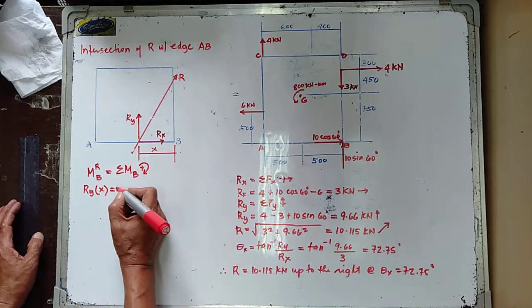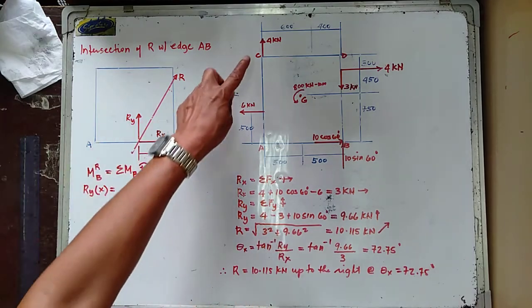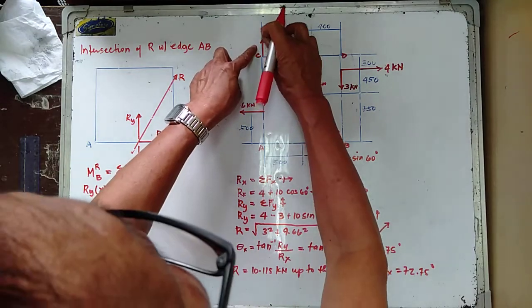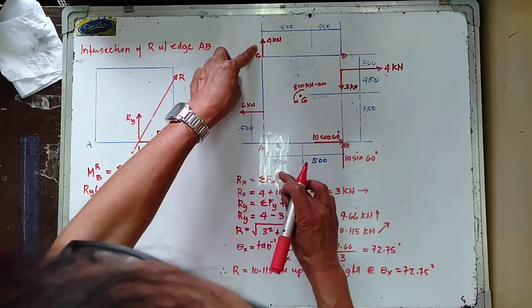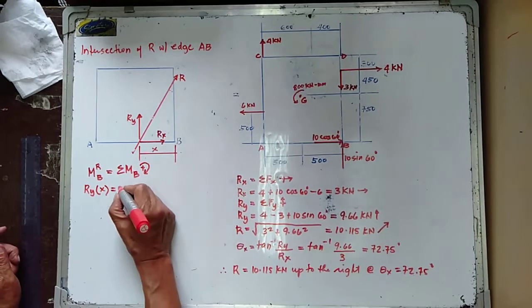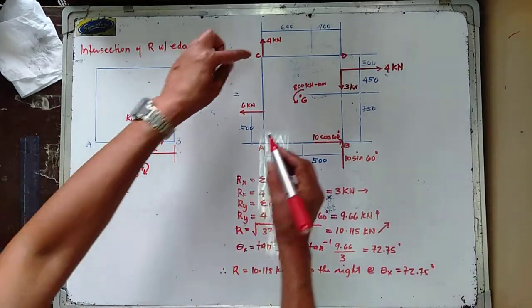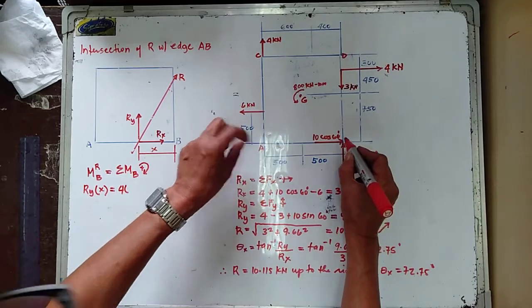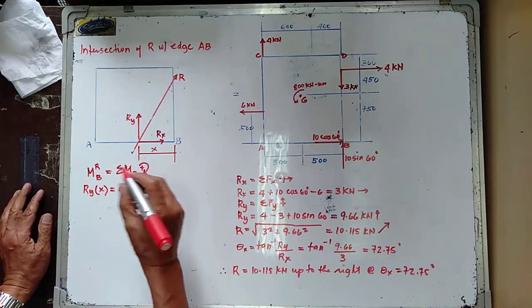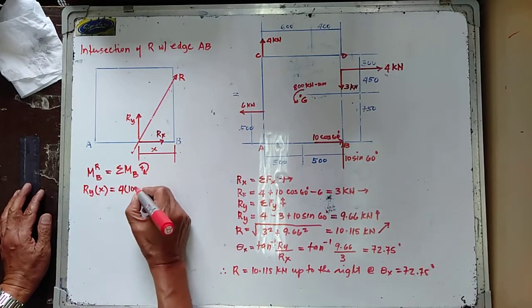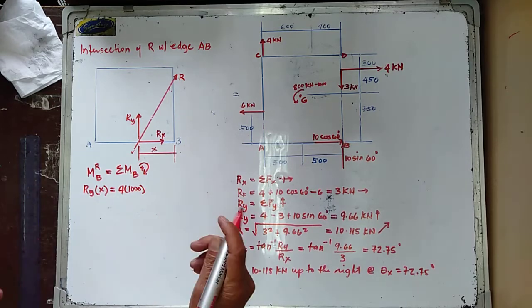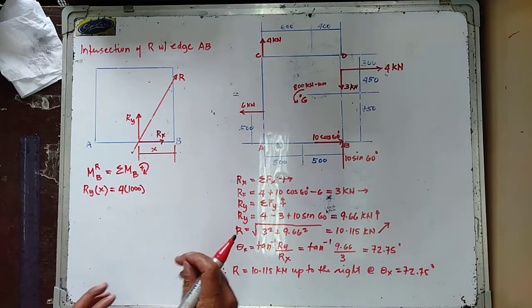And this is equal to, so let's start with 4. Your 4 is going clockwise about point B, so that is equal to 4, and the moment arm is equal to 1,000 millimeters. And then we have the other force in here.